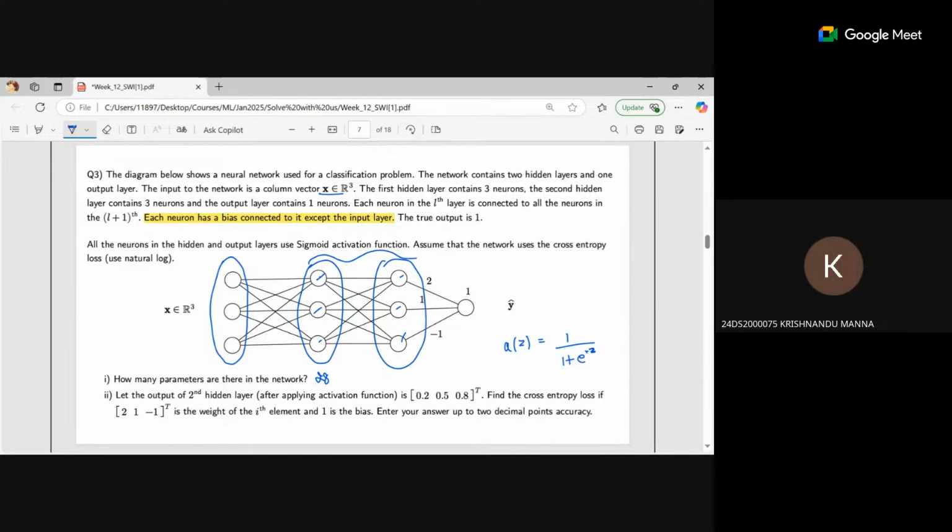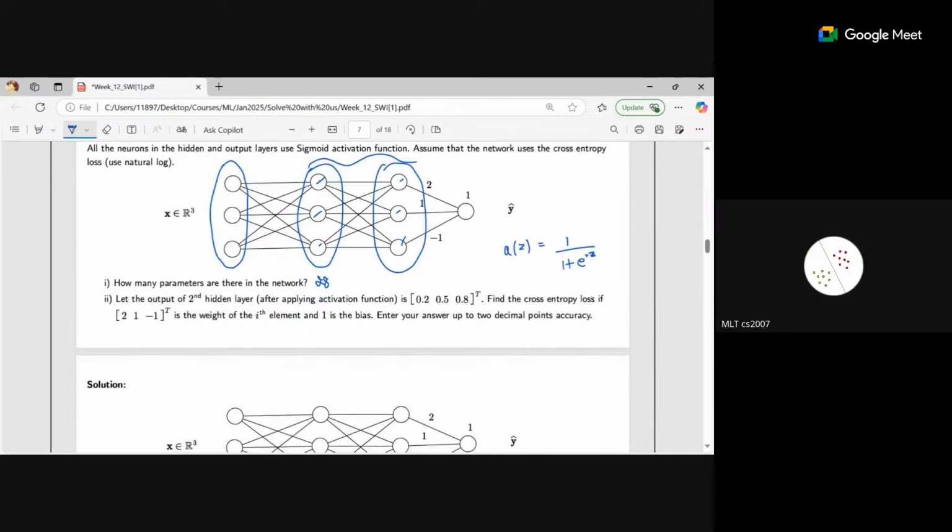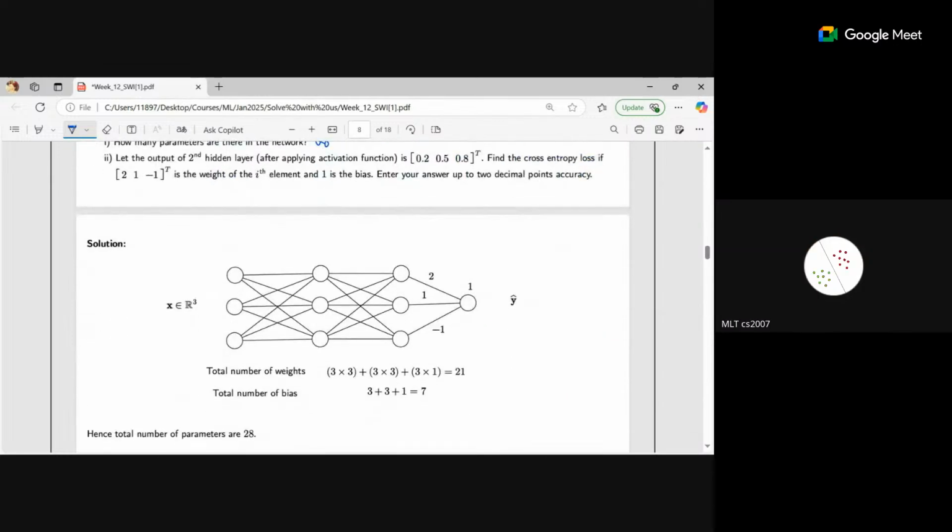Because of the bias, you have 7 extra weights or parameters. Yes, 28 is the correct answer.